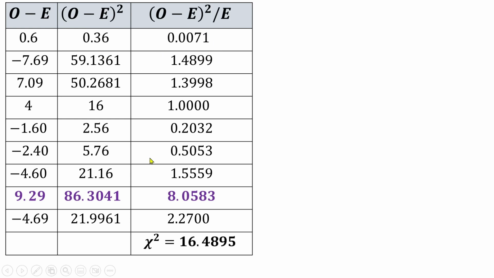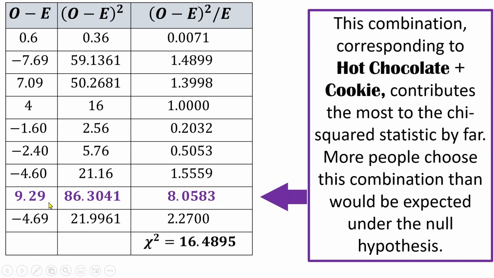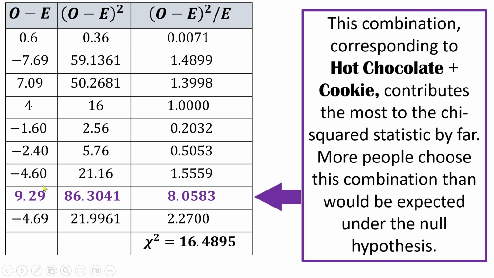Each of the numbers in this third column represents the contribution of the observed deviance to the chi-squared statistic. For example, in the first case, what was observed and what was expected under the null were very similar, so the difference was small, and you can see that makes a very small contribution to the chi-squared statistic. On the other hand, we can see down here a case where this deviance is large, and as it turns out, so is its contribution to the chi-squared statistic.